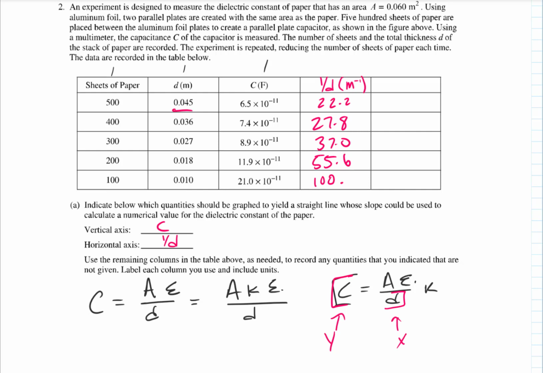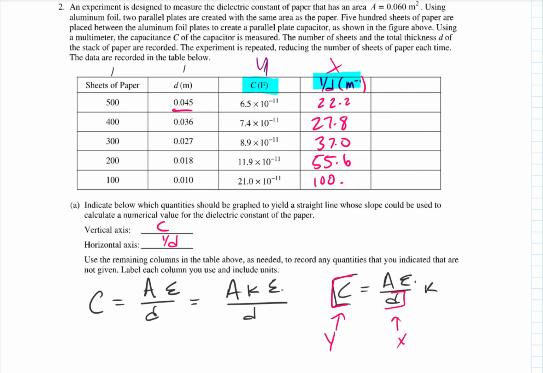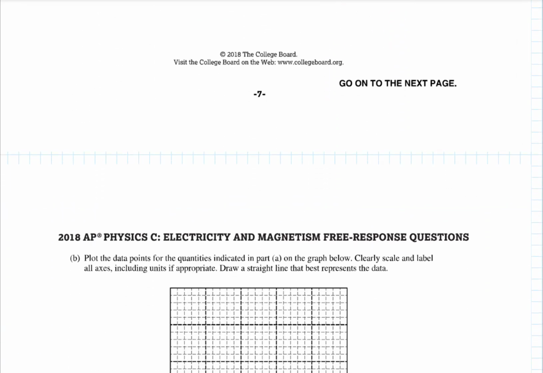It's not necessary that you do significant figures, but in this case it's good to be a little bit reasonable with it. Now that we have our values, we're going to be graphing the capacitance on the y-axis and 1 over D on our x-axis, which is what the next part is.